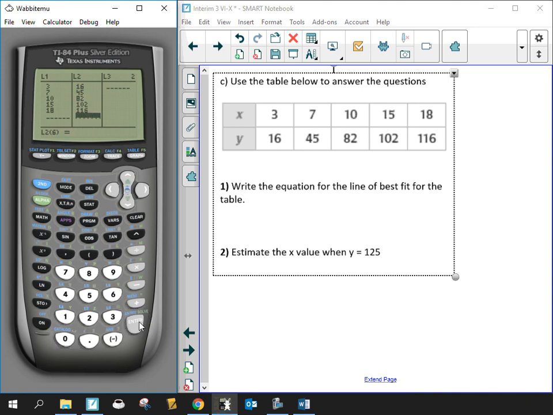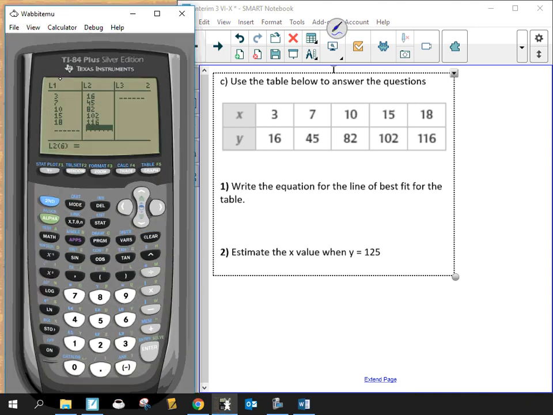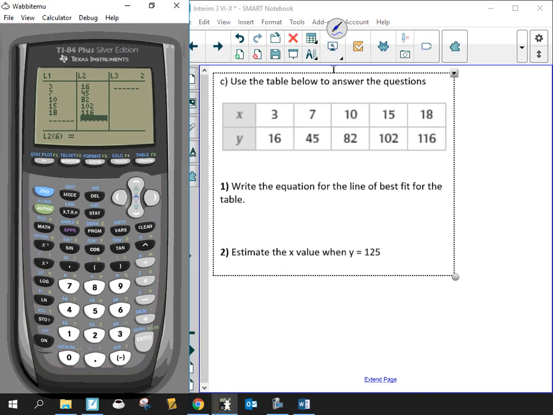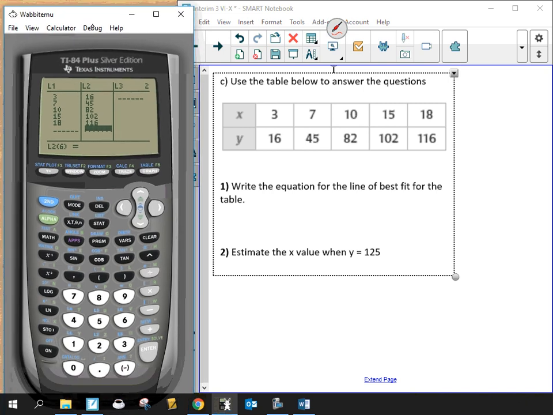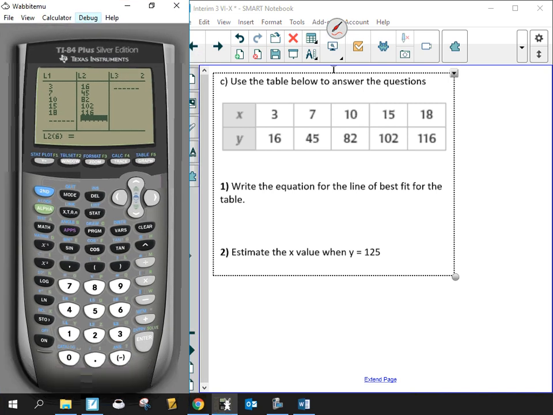Remember, we're making sure that we have the X values in L1 and the Y values in L2. So write the equation for the line of best fit on the table.